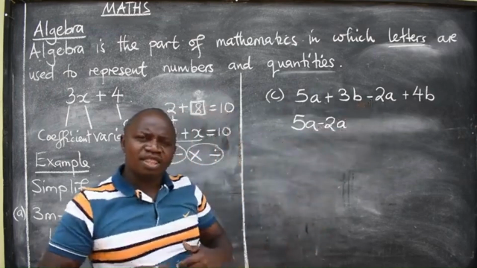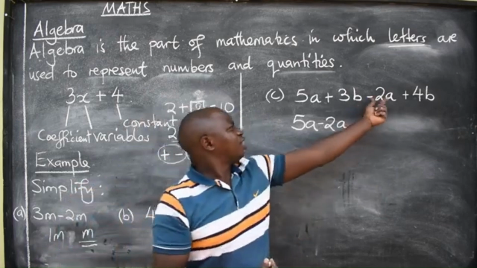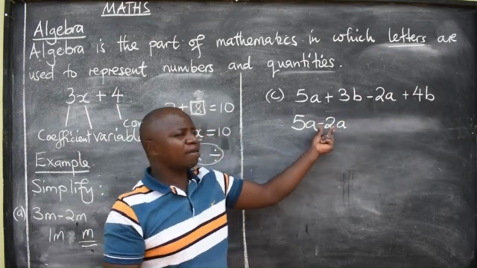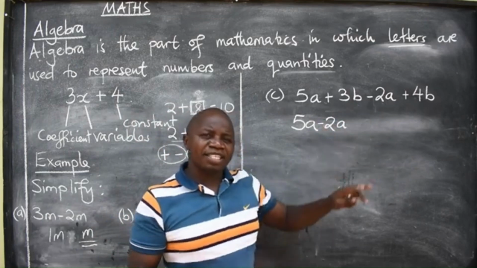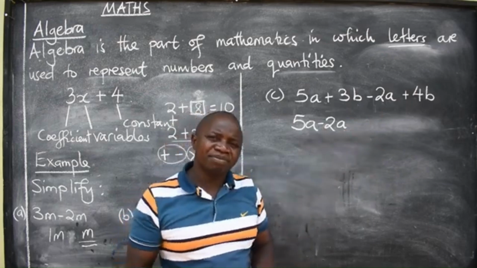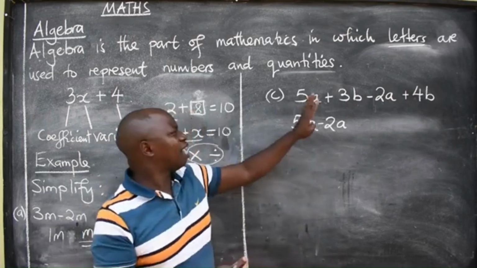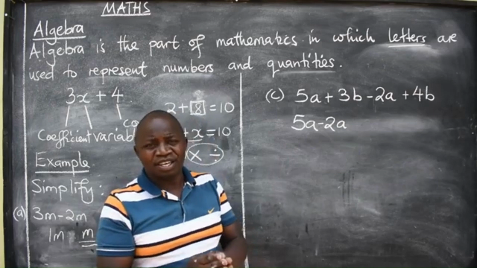Now, check this. Minus here, minus here. There are those of you, students, with that concept that when you bring this here, it changes and the sign will be positive. Is this where we apply that concept? No. We don't apply that concept under algebraic expressions. Please, I'm begging you.